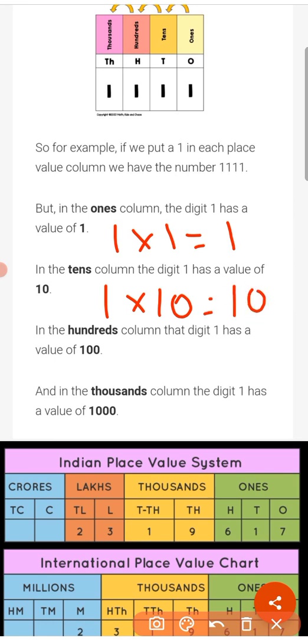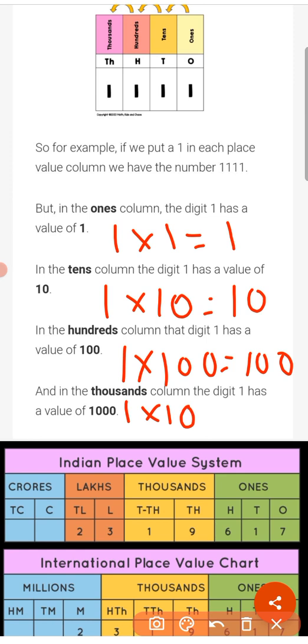If the digit is in the hundreds place, multiply by 100, so the value is 100. If the digit is in the thousands place, you multiply by 1000, so the value is 1000. Here the number is 1111.